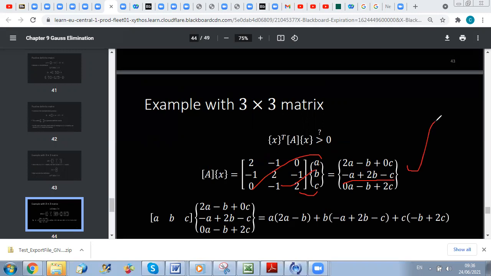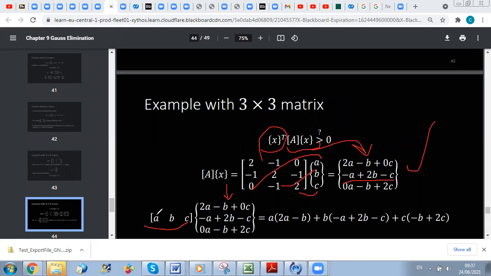So we are done with it. Now we continue the procedure. We replace A times X by the following result, and we do X transpose times this result. So it's ABC times A times X.